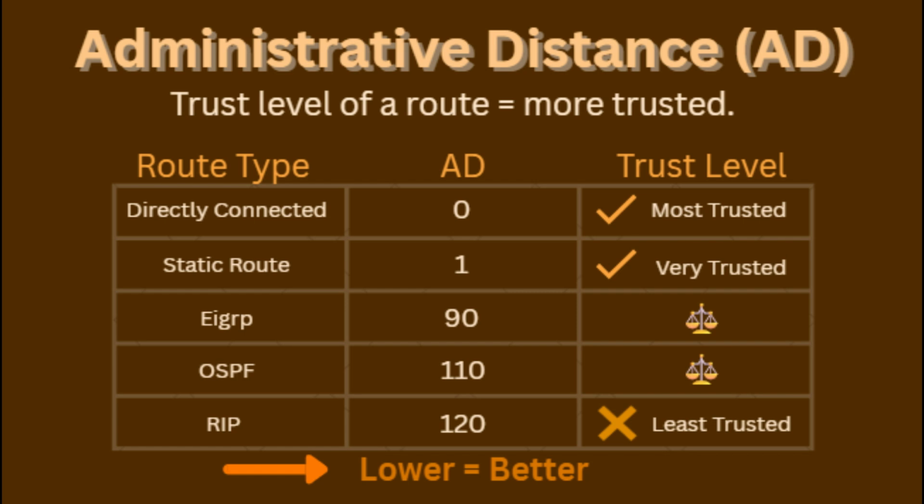Static routes have an AD of 1. Dynamic protocols have higher values, like EIGRP at 90, OSPF at 110, and RIP at 120. Remember, the lower the AD, the more trustworthy the route. You can also manually change the AD if you want the router to prefer one route over another.